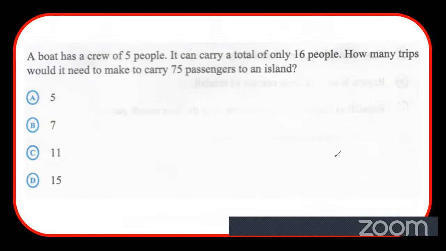All right, Zia Gordon says because out of the crew 5, I don't understand. That's incomplete, I think, right? All right, let me see some explanation. 75 divided by 16, which is 4.6 something, and we round it off to 5. 7 because the people who work on the boat are the crew.